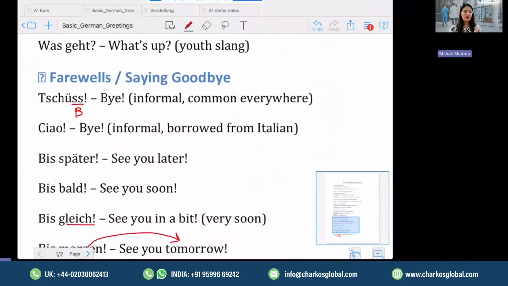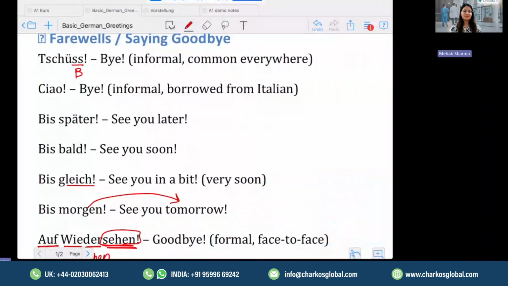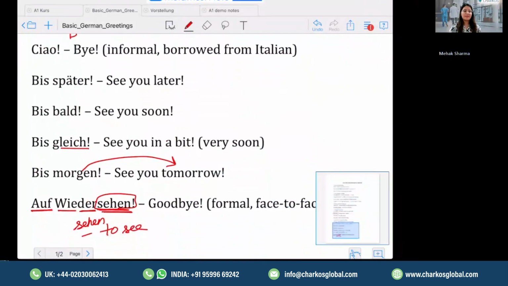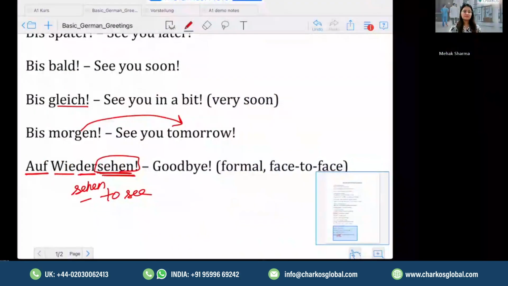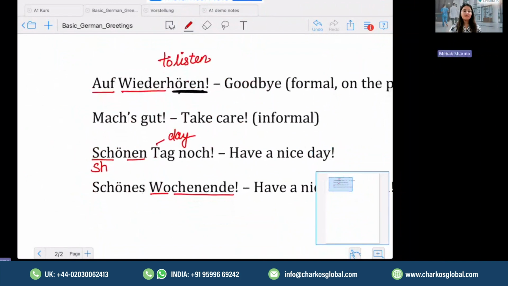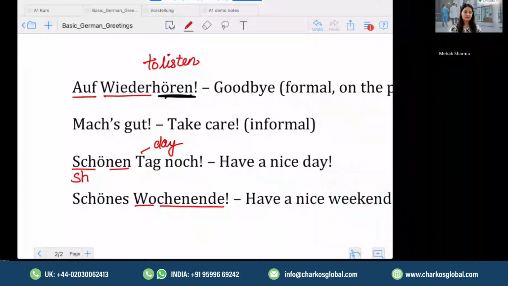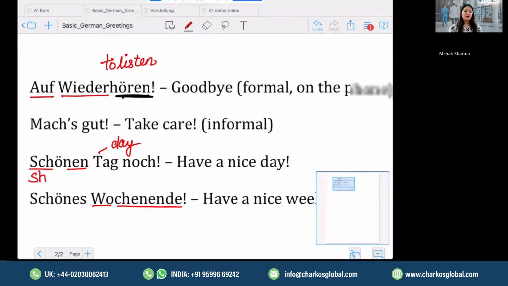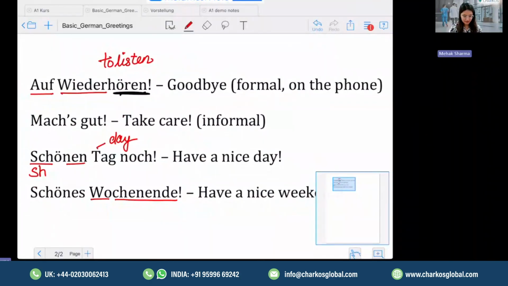Tschüss, ciao. Bis später, bis bald, bis gleich, bis morgen, auf Wiedersehen, auf Wiederhören, mach's gut, schönen Tag noch, schönes Wochenende. Okay, well done. Very good.